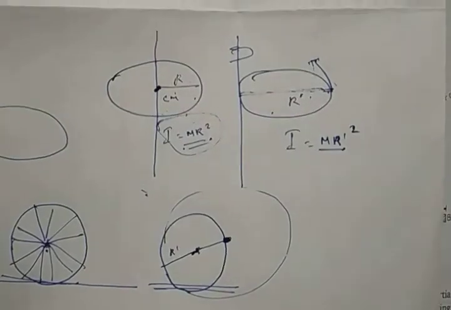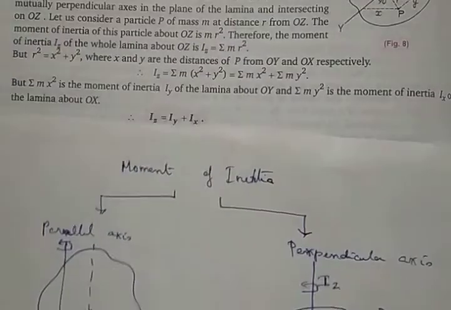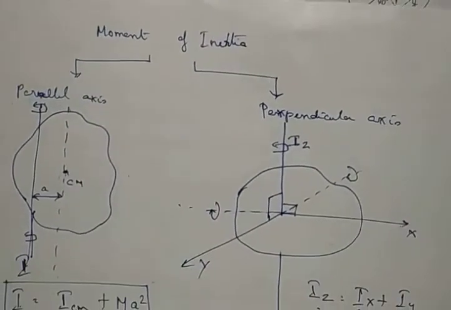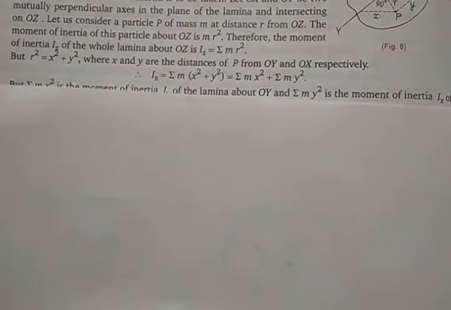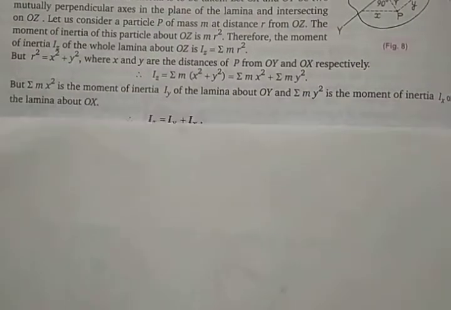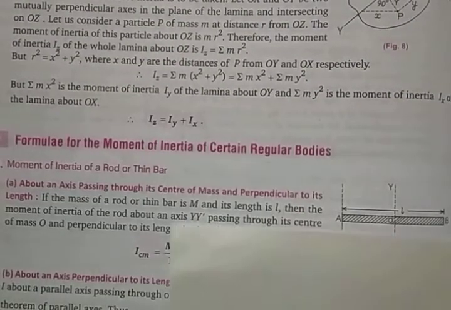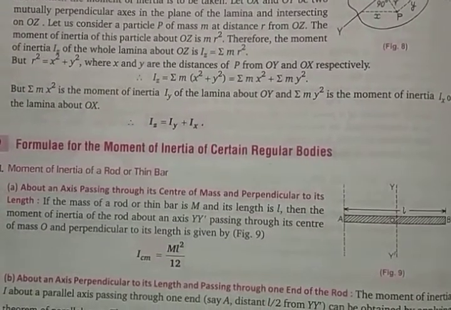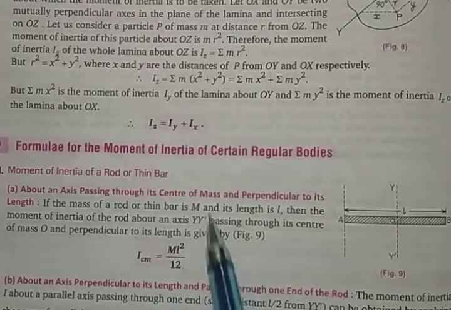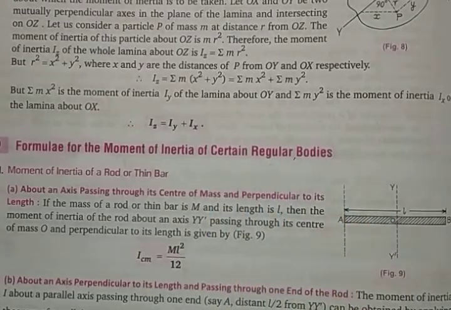So it's so important. I will continue to move forward with this theorem. We are going to base our applications on these 2 theorems, the perpendicular axis theorem and the parallel axis theorem. Right? Now, you are going to turn to page number 424. Look at this one. Formula of moment of inertia of certain regular bodies.